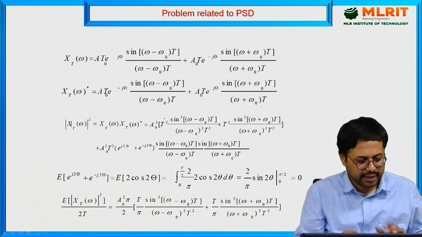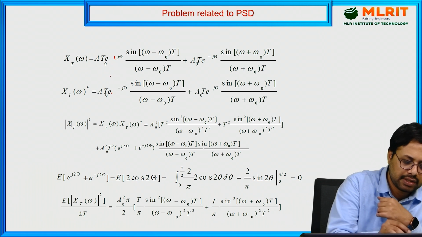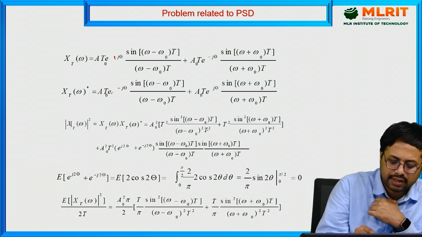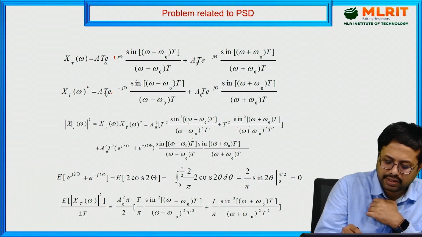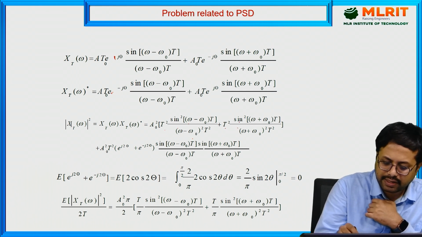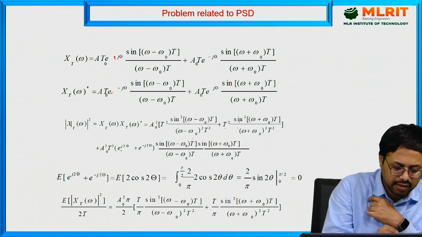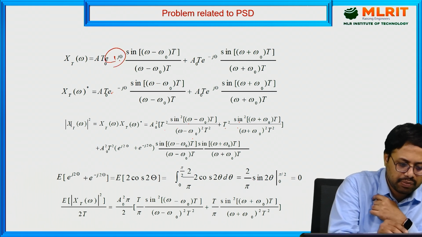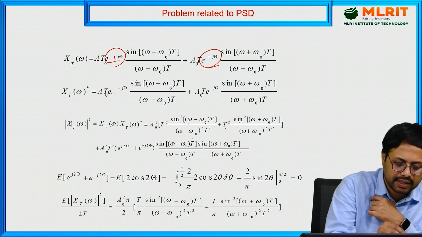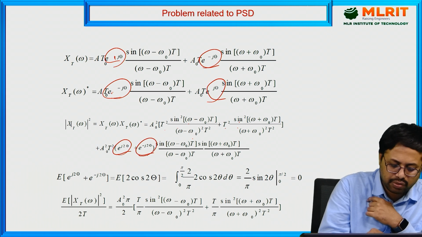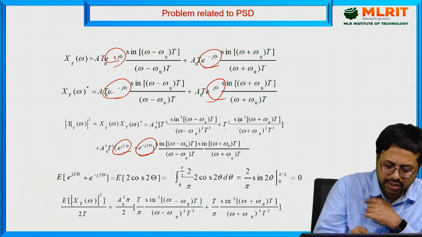Multiplying these two terms, you get A naught square into T square into sine square of that term, and the same repeated for the other term. Now simplify further: e power j theta with e power minus j theta, and e power minus j theta with e power plus j theta, giving e power 2j theta and e power minus 2j theta terms.